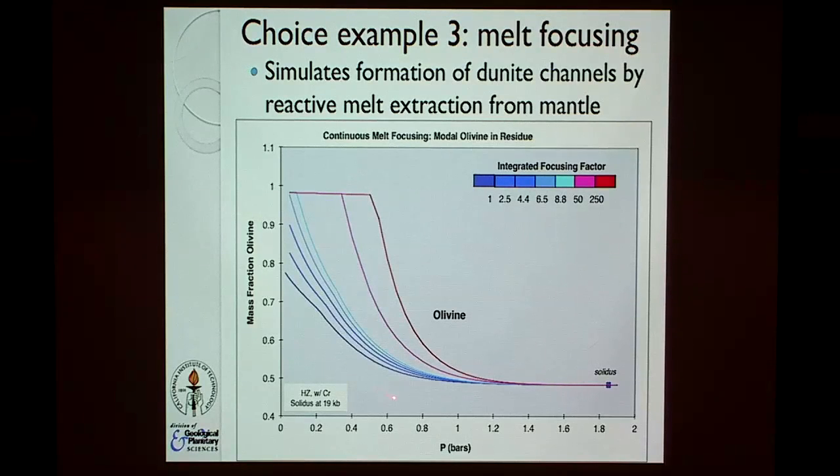Okay? If I take my column where I'm doing decompression melting, and I start at each step adding extra melt to the column as if it had been extracted from adjacent columns, and running it through my column at equilibrium, I see that I get a more rapid increase in the percentage of olivine in the mode. And in fact, I can get to a basically pure olivine rock.